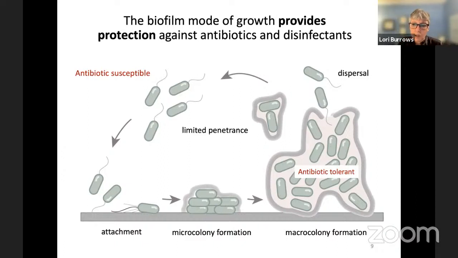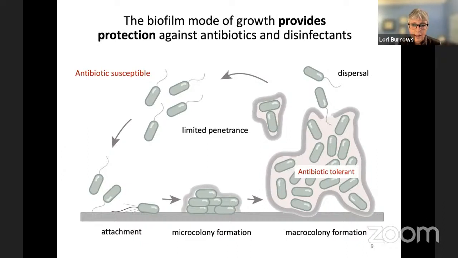So the things that contribute to tolerance of antibiotics when bacteria are growing as a biofilm is, first of all, the limited ability of antibiotics to penetrate into this big clump, right? So the matrix, because it's got sugars and DNA, is often highly charged, and many antibiotics have charges on them as well.